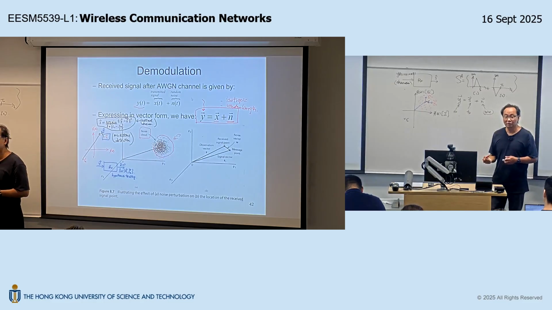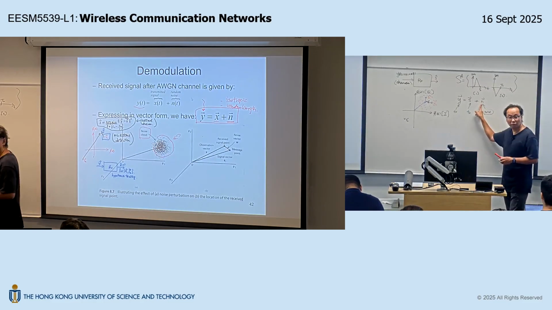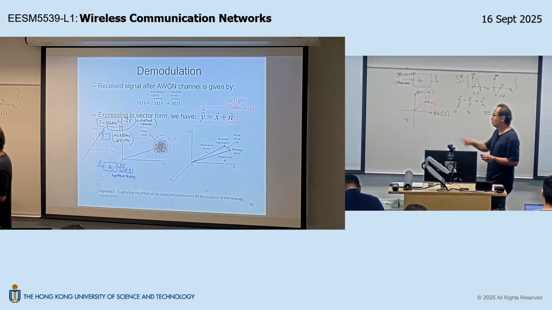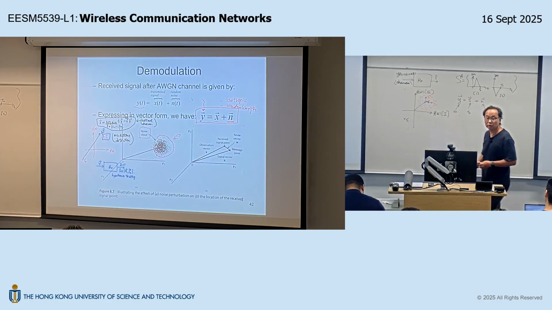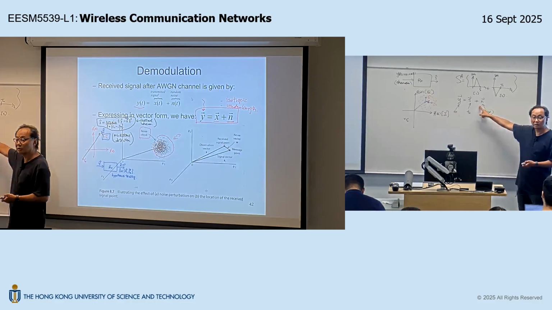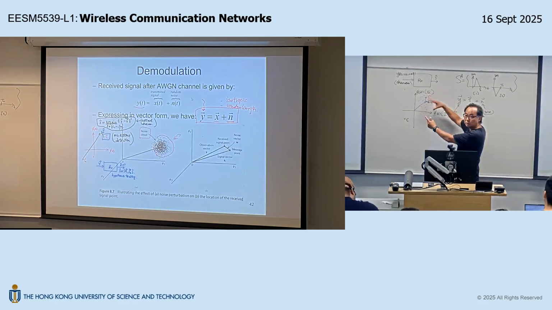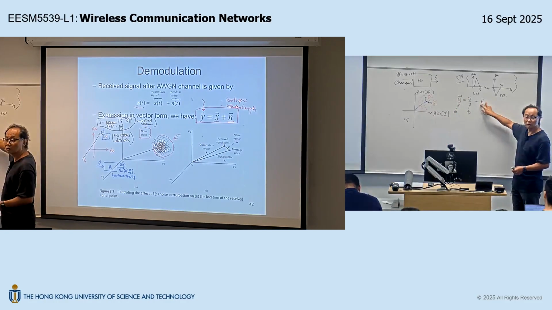Now, why a noise cloud? Because, as I said, this random noise vector is isotropic. It has equal chance of pointing in any direction. So by symmetry, the dispersion of the receive vector will be spherical, spherically symmetric because of the isotropic property of this noise vector. Also, there is an average size of this noise cloud, determined by the average length of the noise vector.